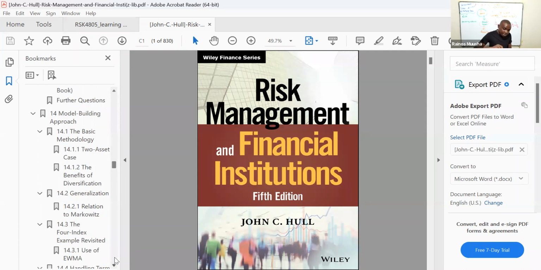The main thing for chapter 14 is to see whether there is any advantage in measuring the risk of these single assets on their own compared to measuring the risk of these assets in a combined portfolio.